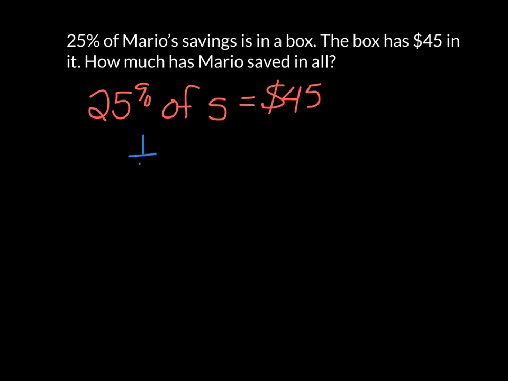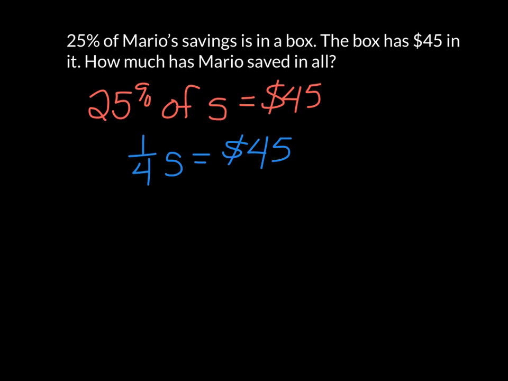This question says 25% of Mario's savings is in a box. The box has $45 in it. How much has Mario saved in all? So we're going to let S stand for the savings. So we have 25% of S, which is the total savings, equals $45. So we can put 25% into a fraction, and that would equal 1/4 of S equals $45.